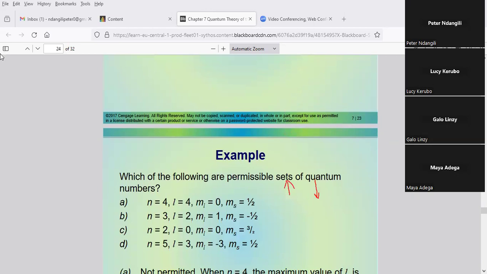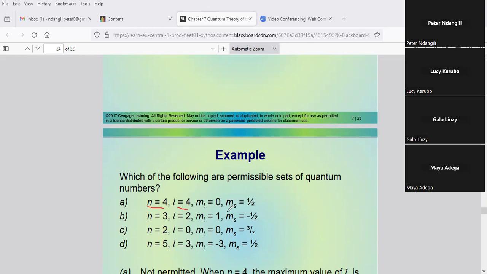So the example that I may give here is, which of the following are permissible sets of quantum numbers? I want us to look at 4 of them. When n is equal to 4, L is equal to 4, ML is equal to 0, MS is equal to 0. Is this one allowed?